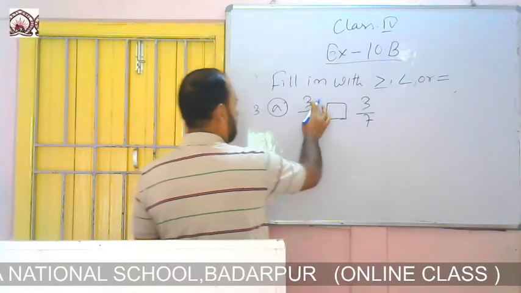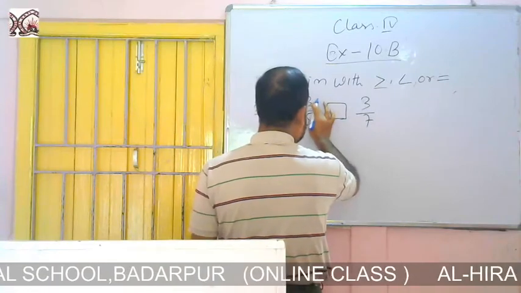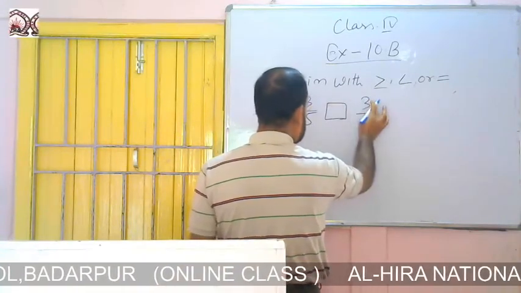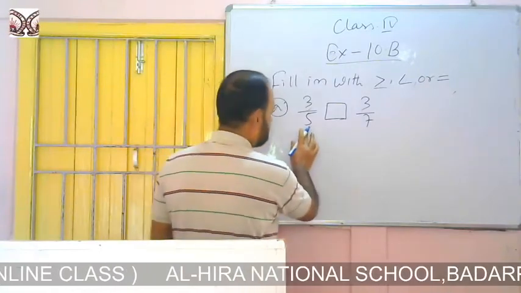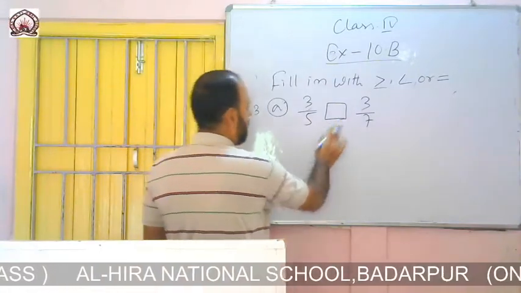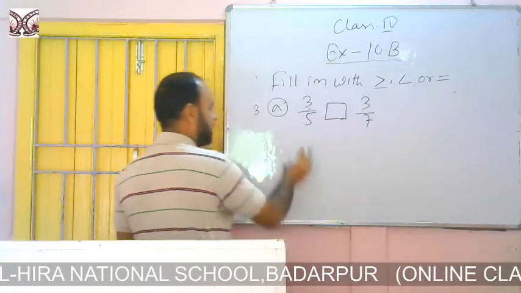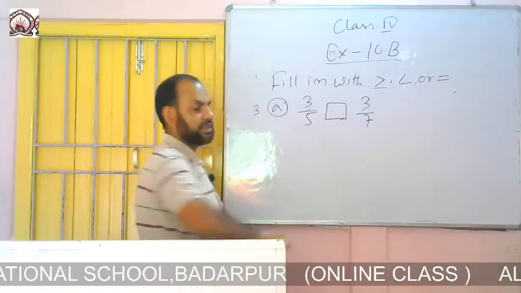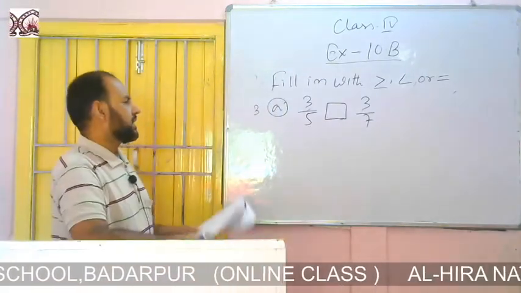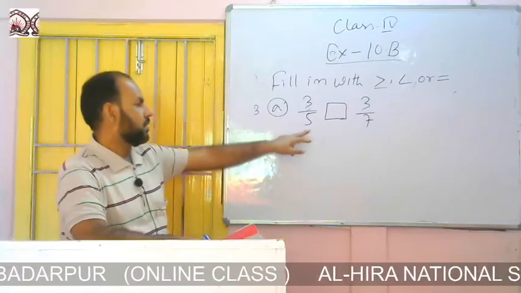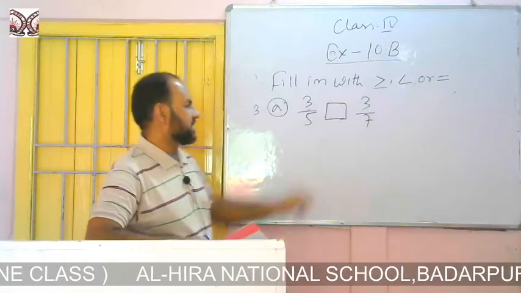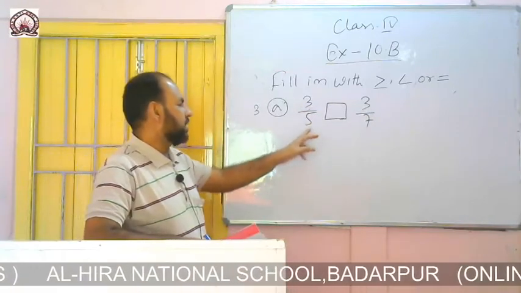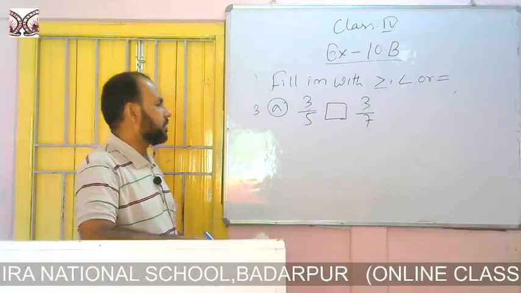The numerators are the same, here 3, here also 3. We know that if numerators are same, the one with the smallest denominator is the greatest.